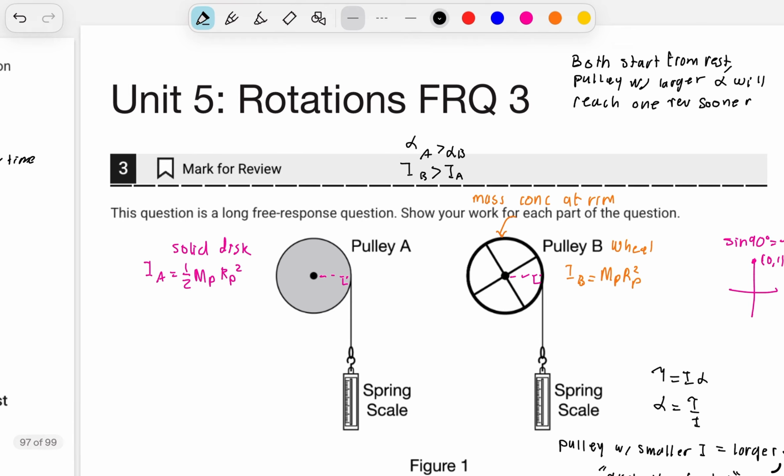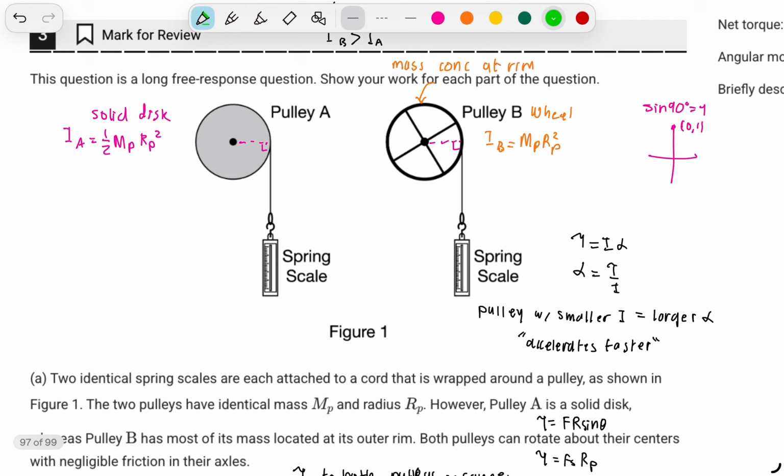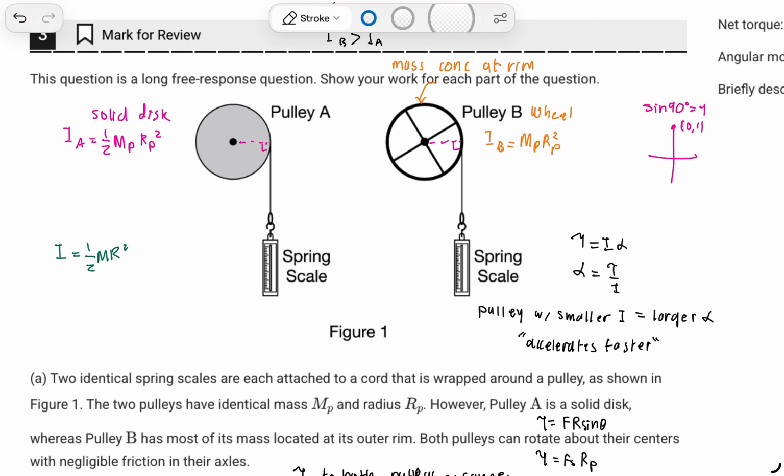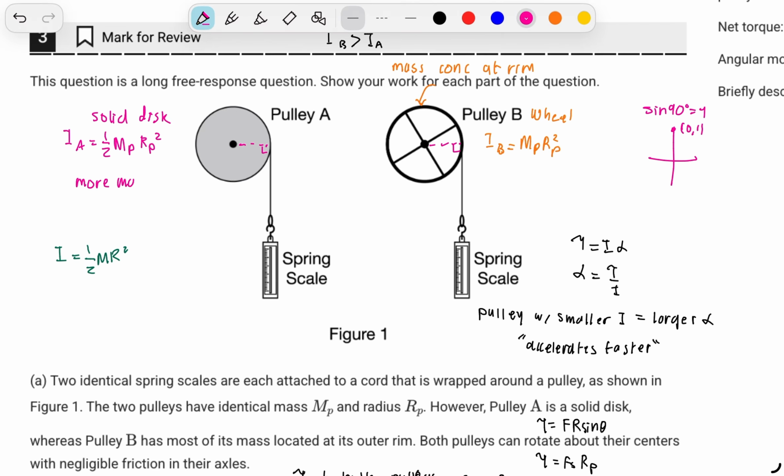And we can compare their inertias by simply looking at the equation I is equal to 1/2 m r squared. So we can see that our inertia is dependent on two things: the mass of the object, and also the mass distribution and the radius, or the distance from the axis of rotation that your object is at. In pulley A, a majority of the mass is equally distributed, so you have more mass close to the center.